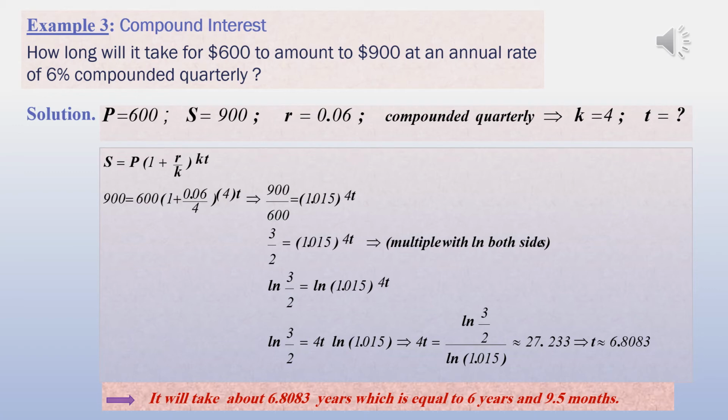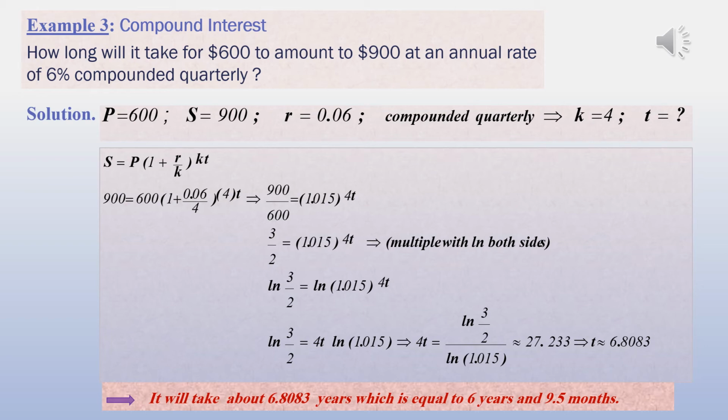So 4t goes down in front of the log. We have log of 3 over 2 equal to 4t times log of 1.015. So 4t is equal to log of 3 over 2 divided by log of 1.015. So we have 4t equal to about 27.233.